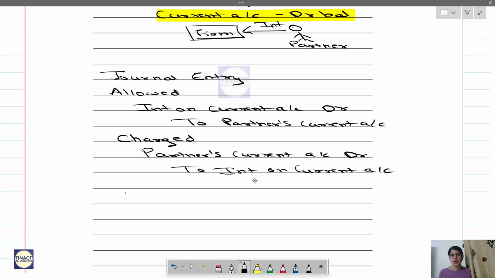And then the closing entry for this will be, see, interest on current account is debited also and credited also.